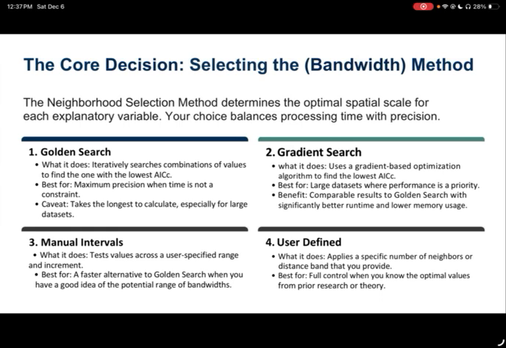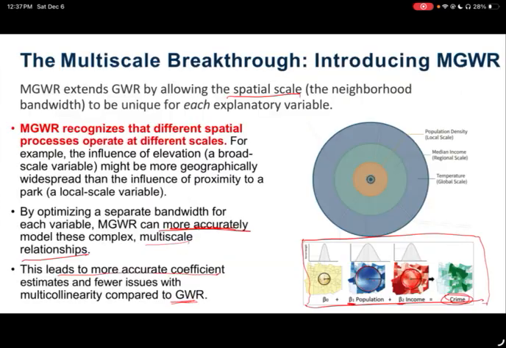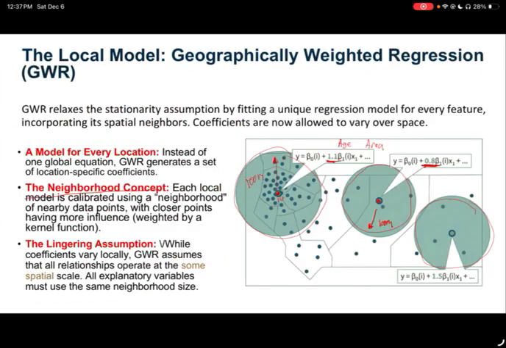There are several considerations when selecting the bandwidth method. In here, there are 4 considerations for selecting the best and optimal bandwidth. Since for GWR and MGWR, we need to define how far and how large the bandwidth is that we use for calculating the local regressions.